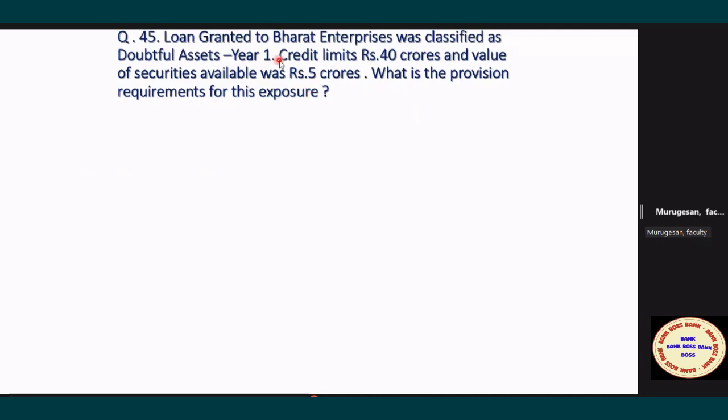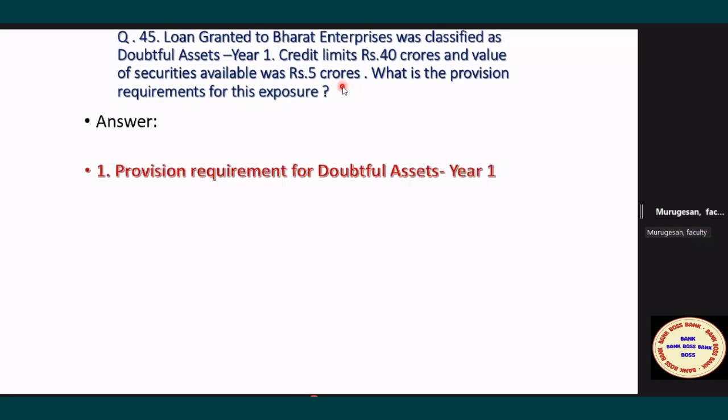So the ground rule you have to understand. What is the ground rule? Year 1 doubtful: on the value of securities you have to provide 25%, value of securities only. Unsecured portion, 100% is the rule. First rule you understand. But now how to calculate the unsecured?